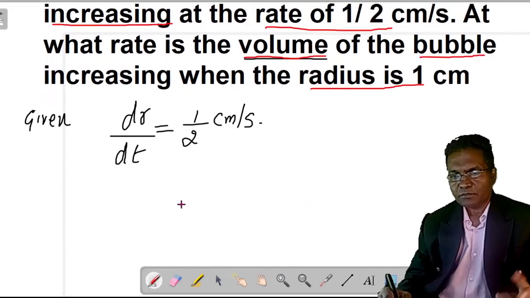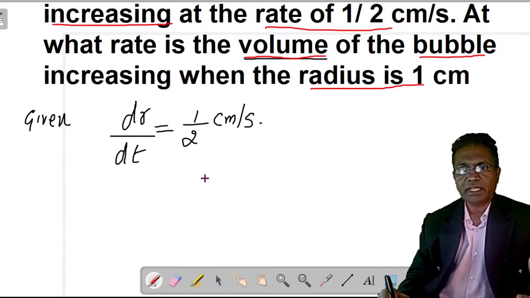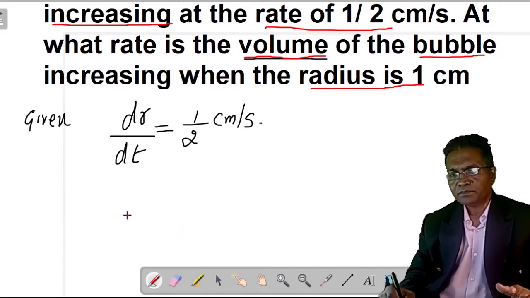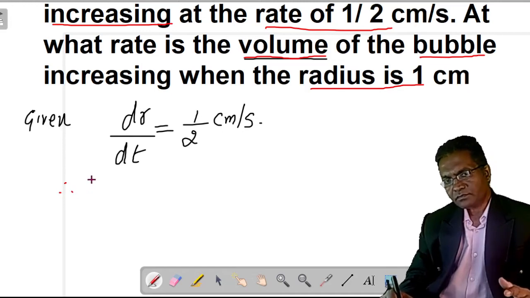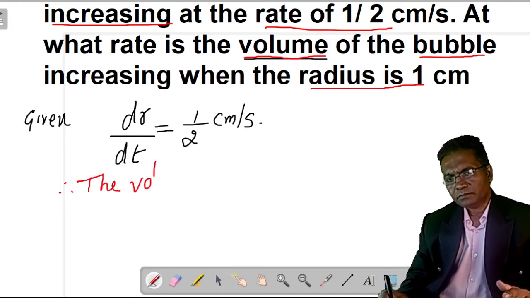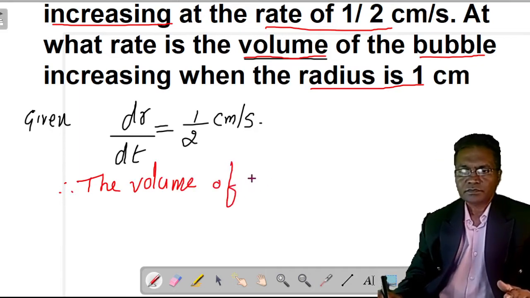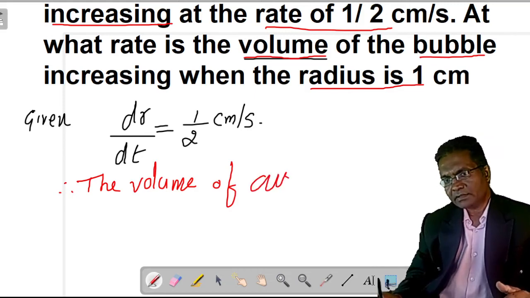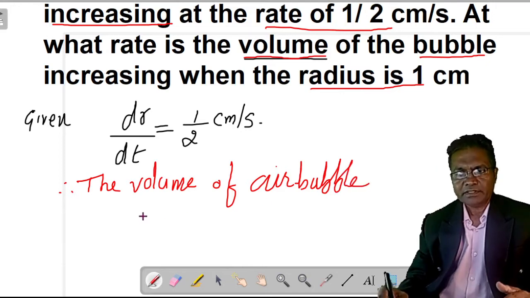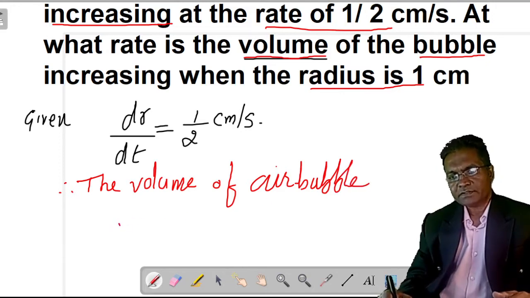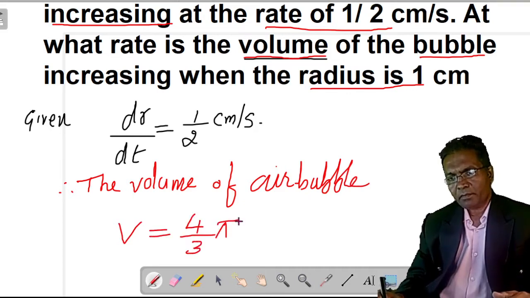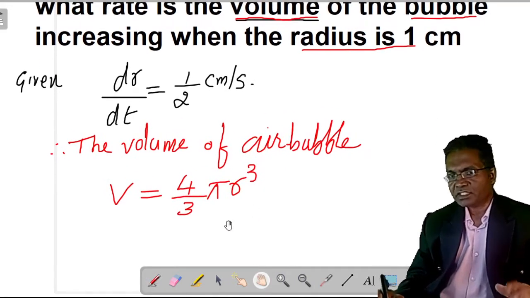The air bubble is in the spherical form. Therefore the volume of the air bubble is given as V equals 4 by 3 pi r cube, because the air bubble is in spherical form.